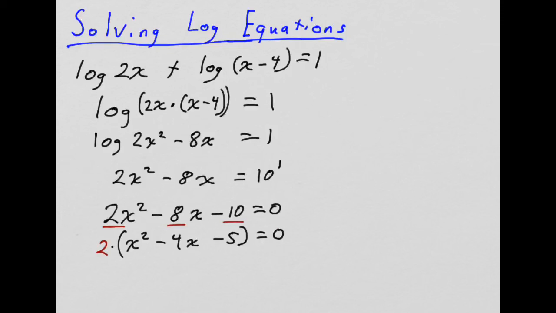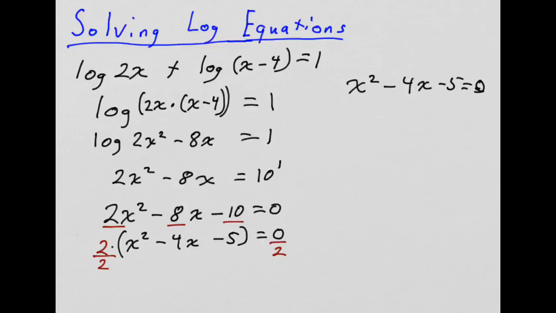Well, we just make the 2 disappear, because what we're going to do is divide both sides by 2. 0 acts like a black hole, and the 2 just is gone. So then we're left with x squared minus 4x minus 5 equals 0.